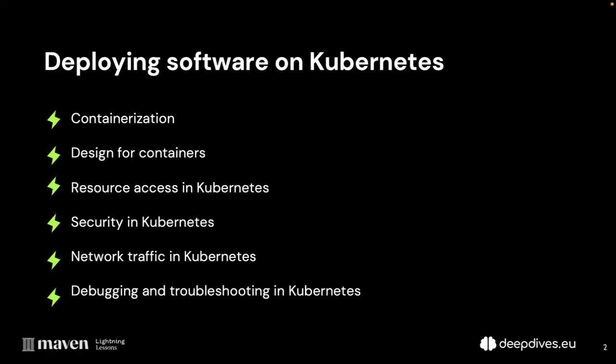Starting off with containerization, then designing your software for containers, Kubernetes as a way of abstracting resource access, and then a little bit about security on Kubernetes, a little bit about networking, and then finally, the trouble that we get into when we want to do debugging and troubleshooting in Kubernetes.